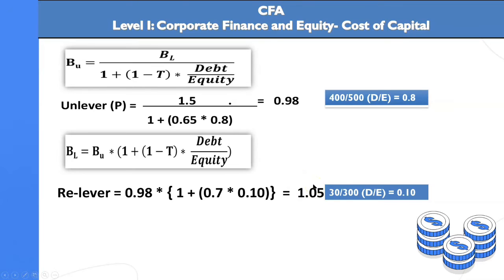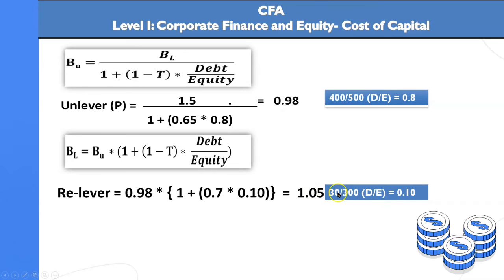If you notice the three figures, 1.5 is very high because the parent is very highly leveraged, 0.8. The beta without leverage is very small. Now, we introduce the leverage of the subsidiary, it goes from 0.9 to 1.05 because of the very small debt to equity ratio. The beta just went higher.